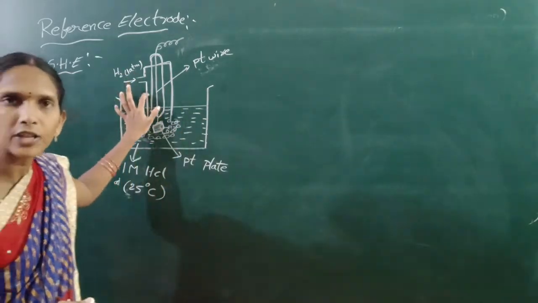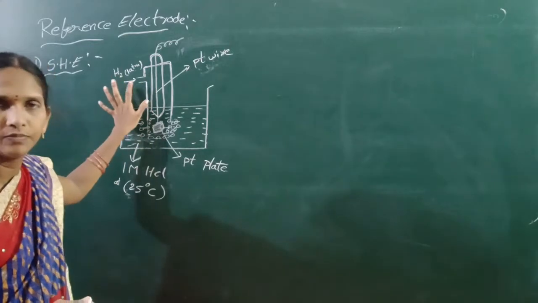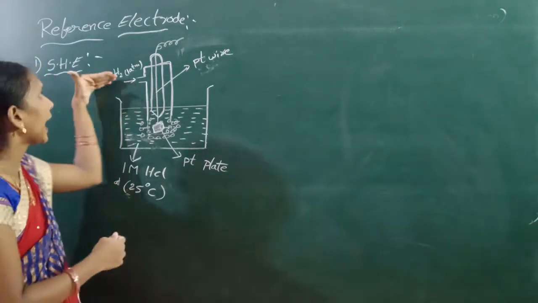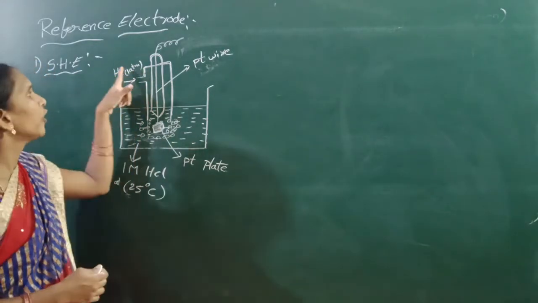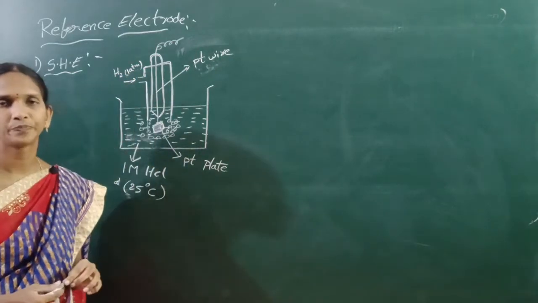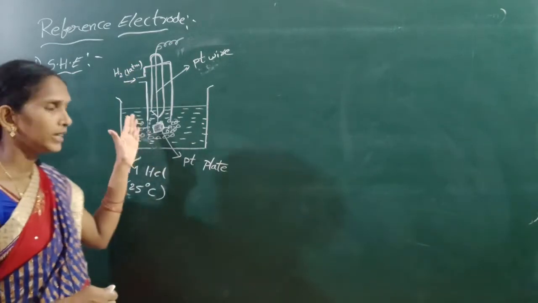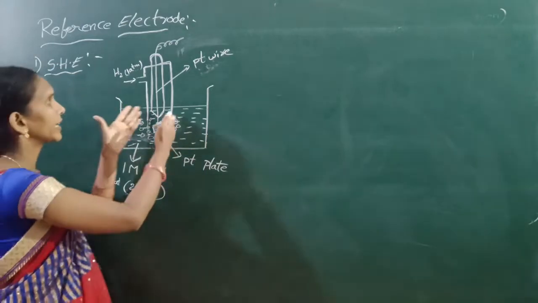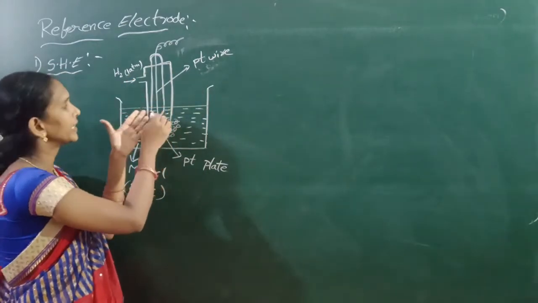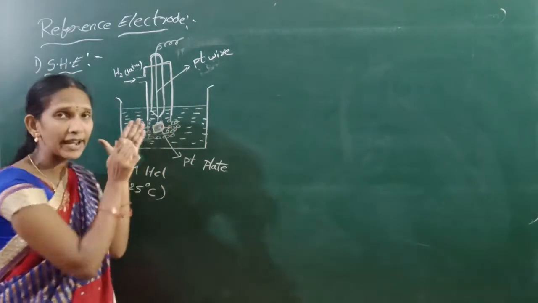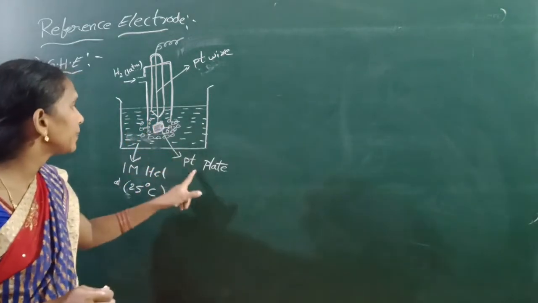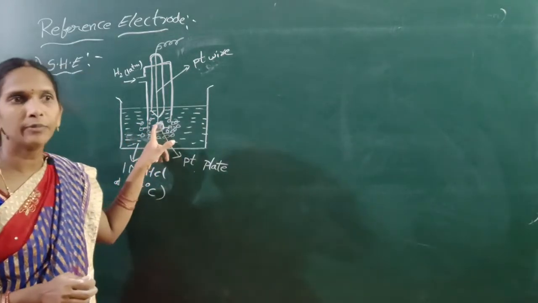The outer glass tube has an inlet for supplying hydrogen gas at 1 atmospheric pressure. So the inner glass tube consists of platinum wire, and the platinum plate is fitted at the bottom.